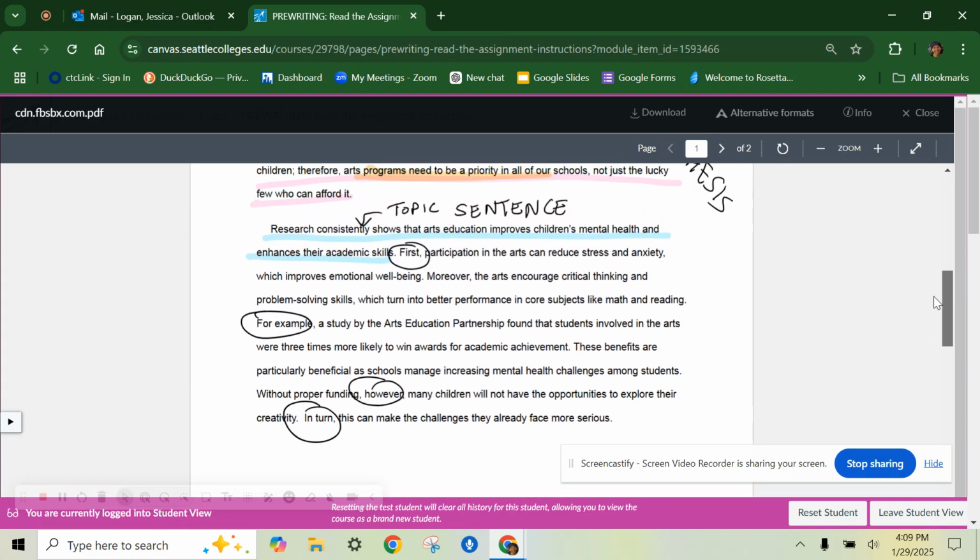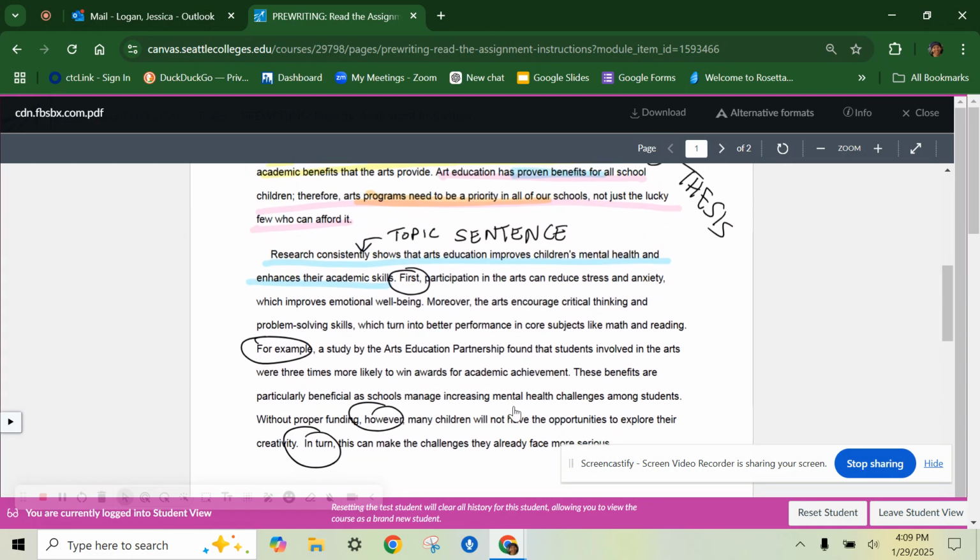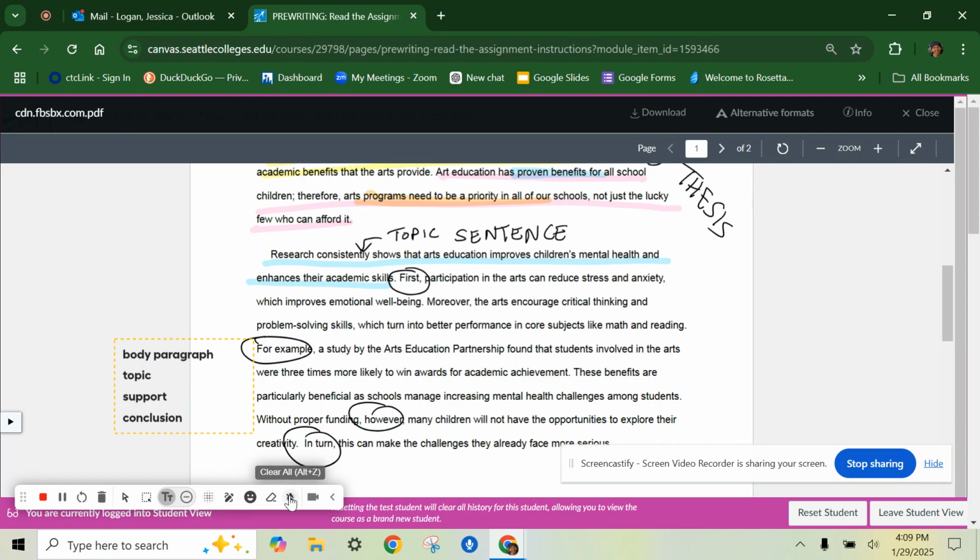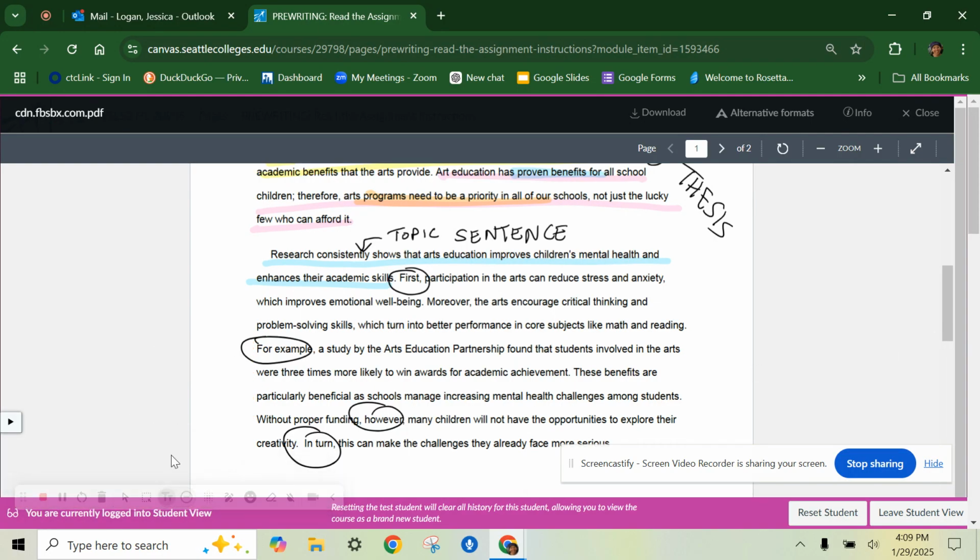So you can see that the body paragraphs, we call those the body paragraphs, have that same topic sentence, support, and conclusion, just like you've learned before and like we talked about in class.